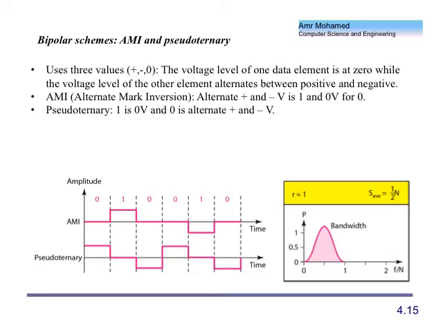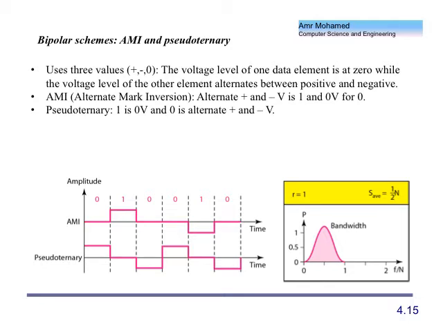I was able to reduce the bandwidth, but I have to increase the number of signal levels. So that's the cost. The cost here is that I'm now using 3 signal levels. But here I'm using the 3rd signal level not to return to 0 to create a change. No, I'm using it as part of representing the digital data. Let's see how.